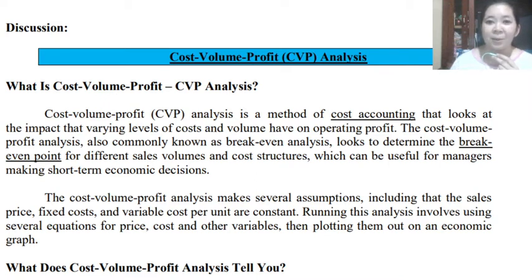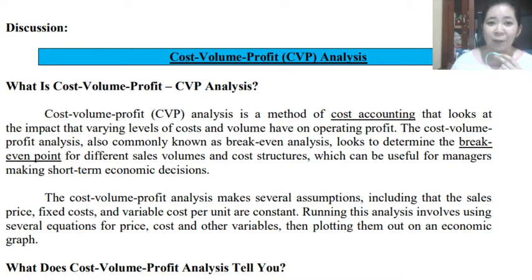This also looks to determine the break-even point for the different sales volumes and cost structures, which can be useful for managers in making their short-term economic decisions. Of course, the target of management personnel is to control as much as possible the costs incurred, to maximize their output and also to generate more sales and greater profits.